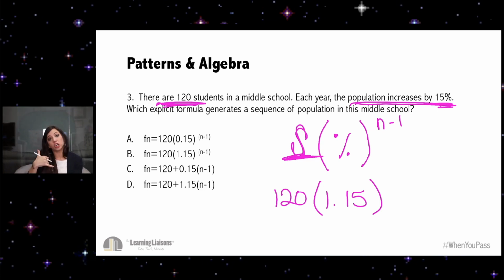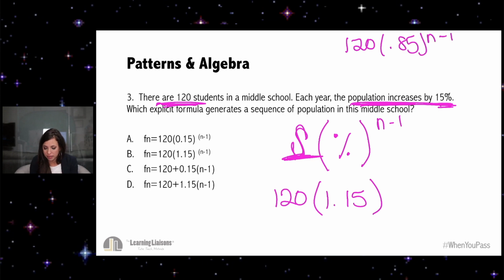If we're decreasing by 15%, we're going to subtract 15% from a value of 1 whole, which would give us 0.85. So if this was a population that was decreasing, our answer would look something like this, because we would subtract 15% from a value of 1 whole. But because we are increasing, we're going to add 15% to a value of 1 whole to the n minus 1.